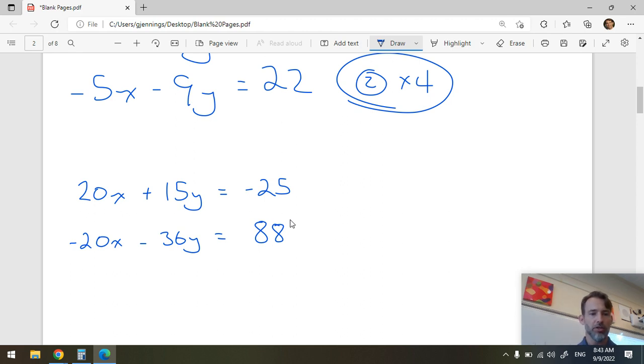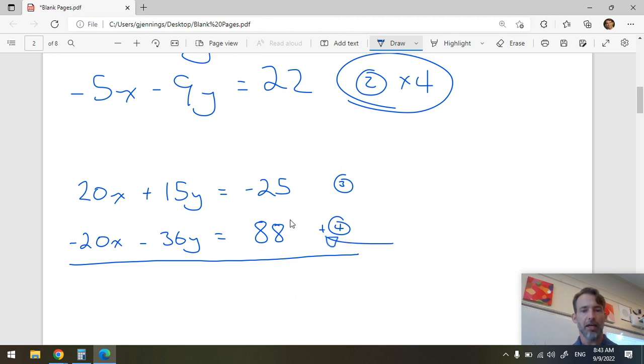Now I can add these two equations together to eliminate x. I have a new equation 3 and 4, and I'm going to add them together. I always choose adding together my equations, but some people will subtract equations from one another. That's totally fine. Avoid sign errors.